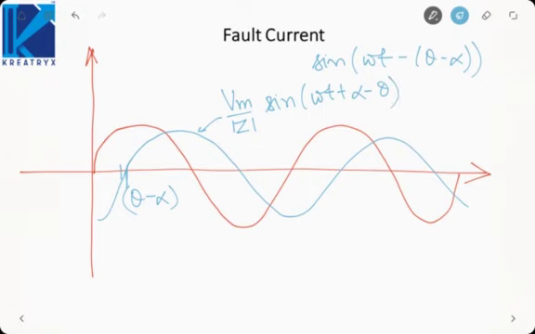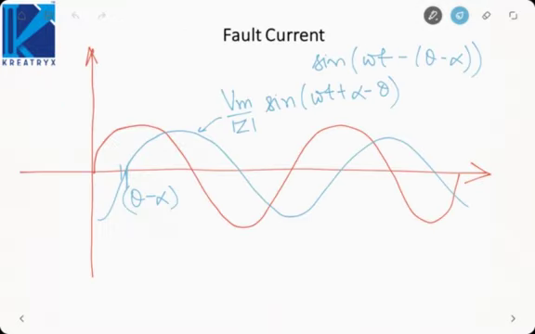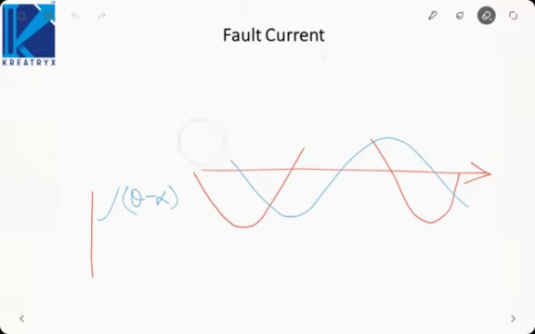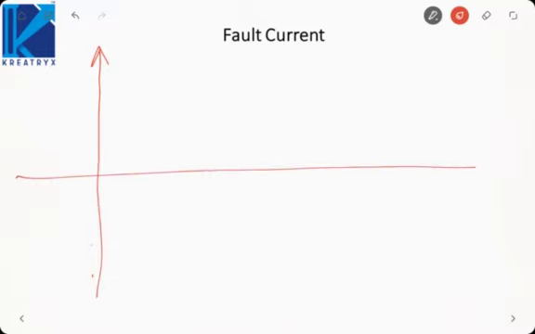Now if we add these two currents, that will be called the asymmetrical fault current, because there will be a DC component in the current. So it will not be symmetrical about the x-axis. So how will it look like? This is the DC component. We will shift the signal by this much.